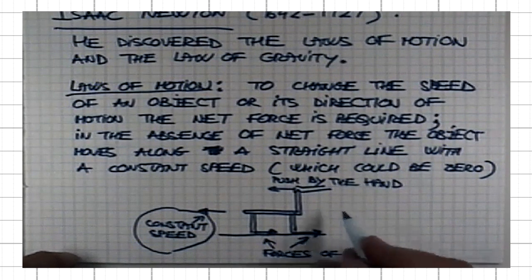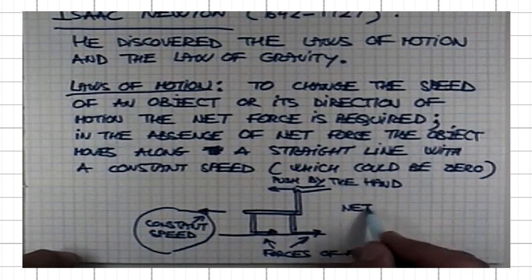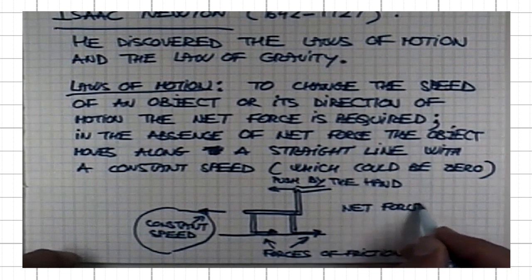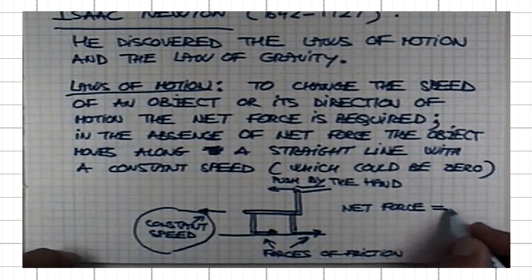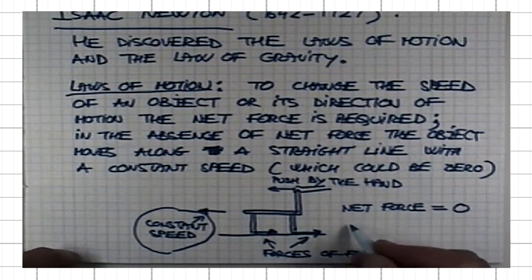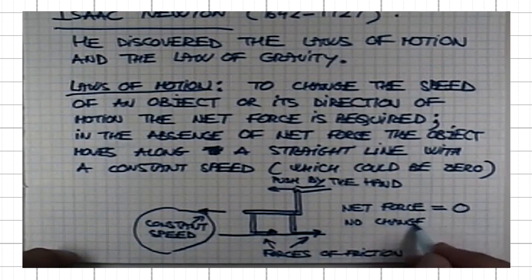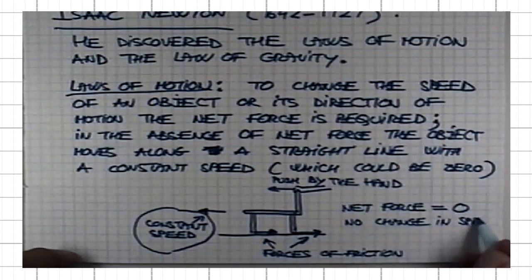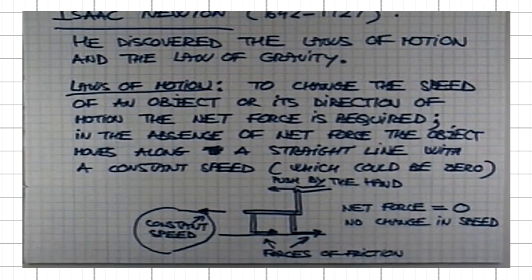It's not accelerating. So the net force is equal to 0, and hence there is no change in speed. So it's tricky. It's not very intuitive. If I would take wax and cover the floor with it, then I would realize that the amount of force I need to apply in order to push the chair with constant speed becomes less and less because the friction is reduced.